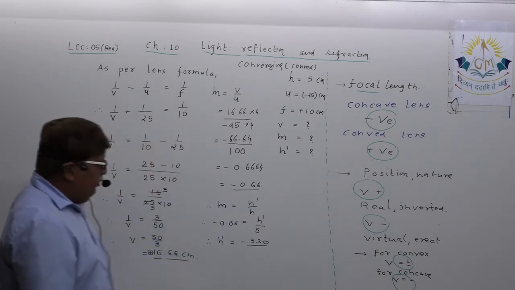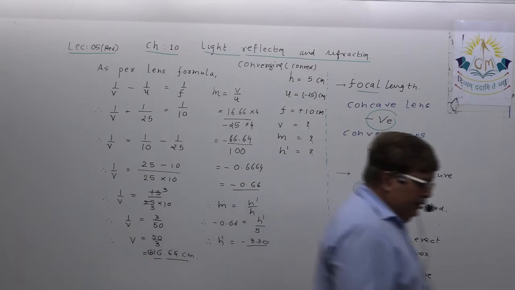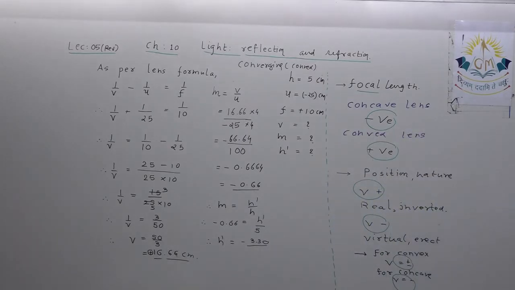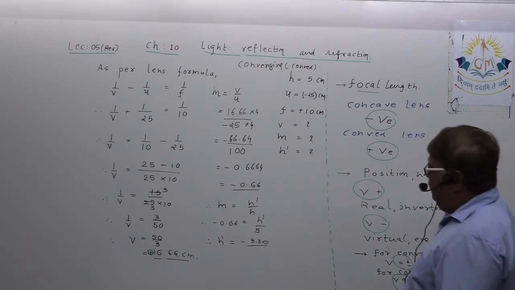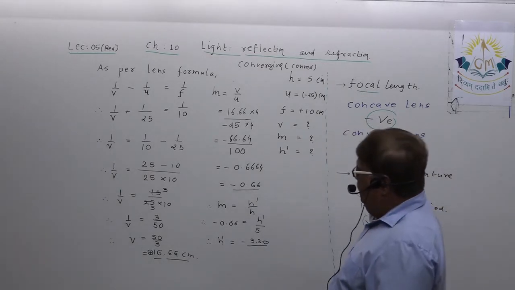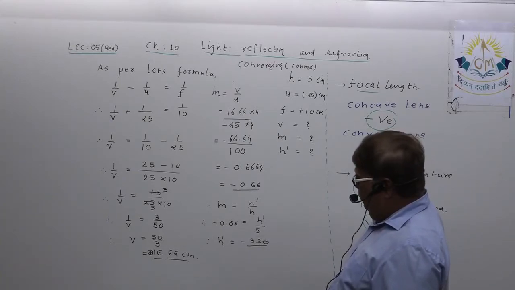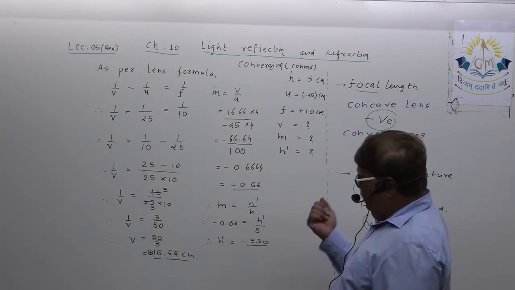First you note down this before I go for the lens diagram as per the given basic facts. First you will like to write the statement I spoke. Image is obtained at a distance of 16.66 centimeter on the other side.